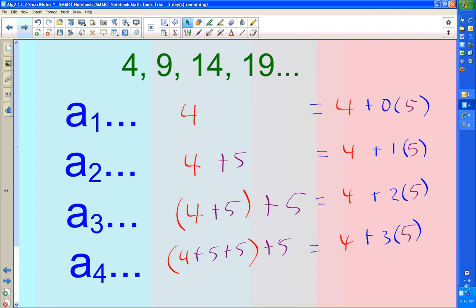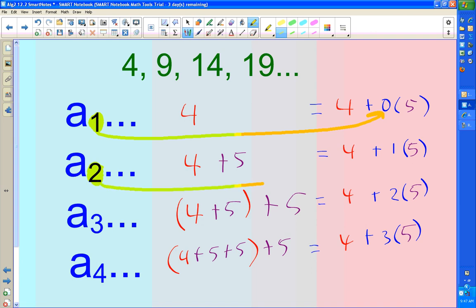Does everyone see this pattern developing? Anyone not seeing where these numbers are coming from? Now what we would like to do is find the relationship between this number and this number. Here and here.